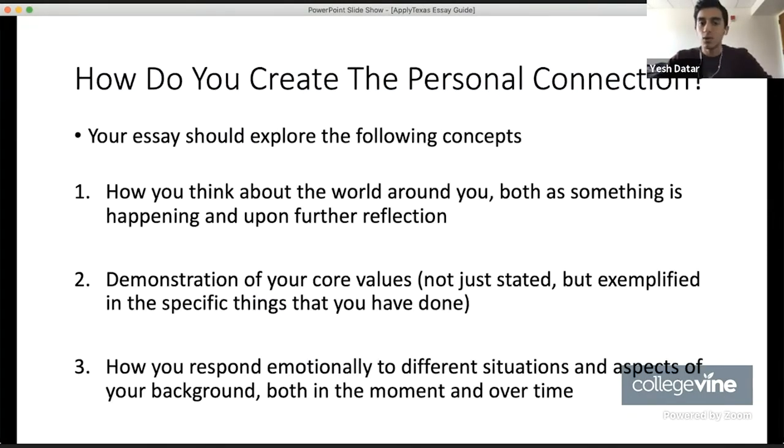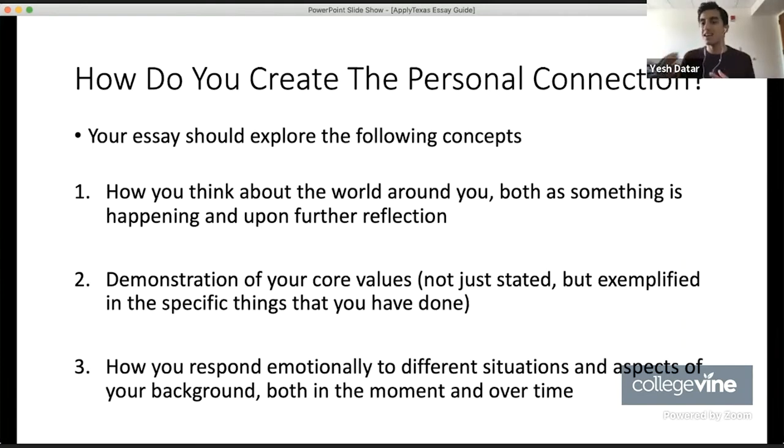All right, let's explore how to create this personal connection. Your essay should definitely explore the following concepts and at least touch upon all three of these in some detail. So when you write your essay, hopefully, or if you've already written it, try to see if it touches upon these three things. It's very specific to the ApplyTexas essay, Common App essay, really those big picture essays, the 500 or 700 word essays that go to a lot of different schools.